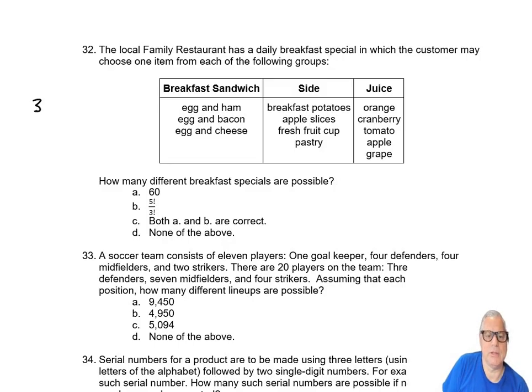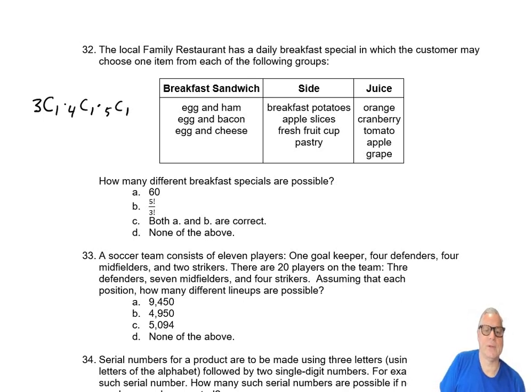So that would be 3 choose 1. Then from the sides, we can choose from 4, 1. And then we have 5 choices, and we can also choose 1.